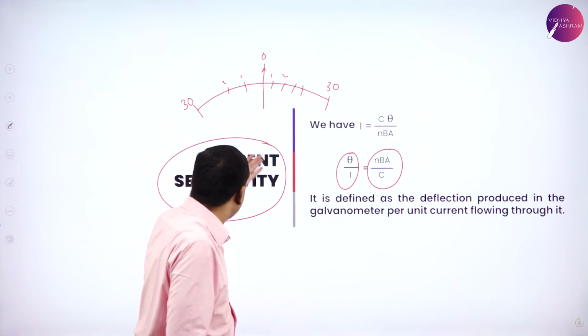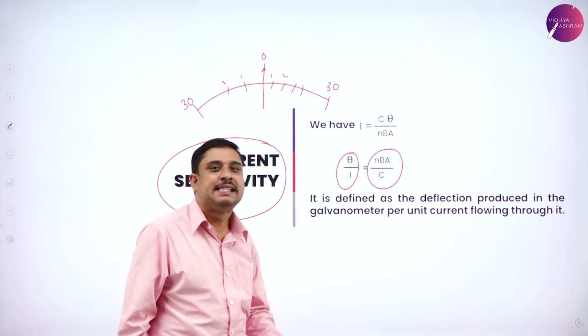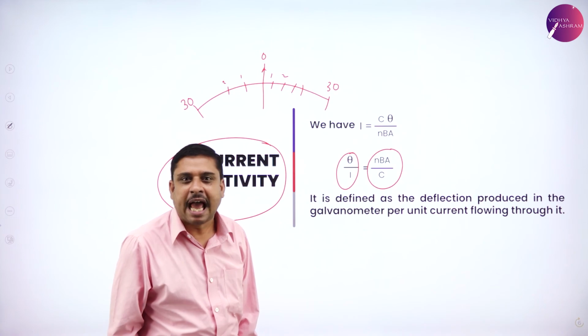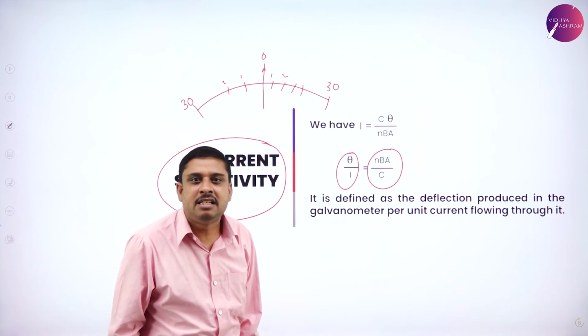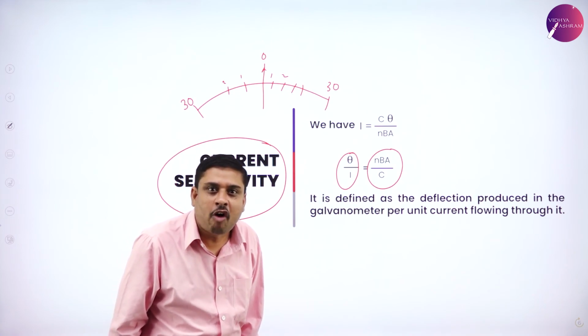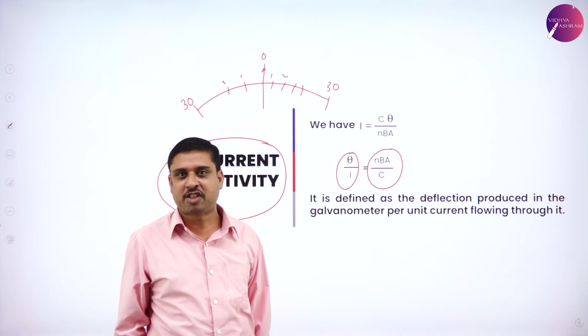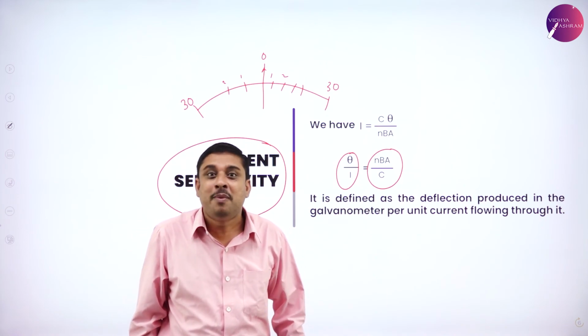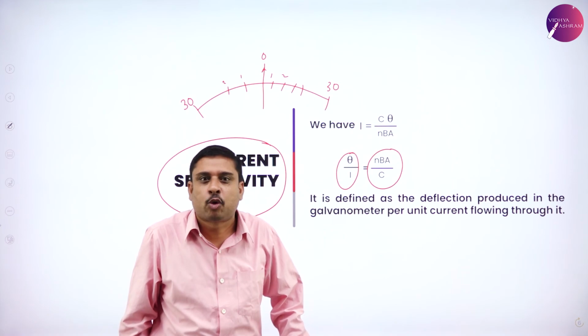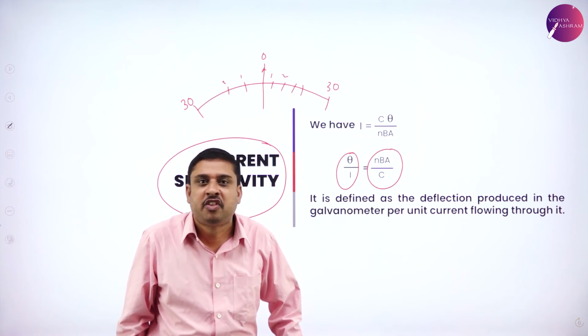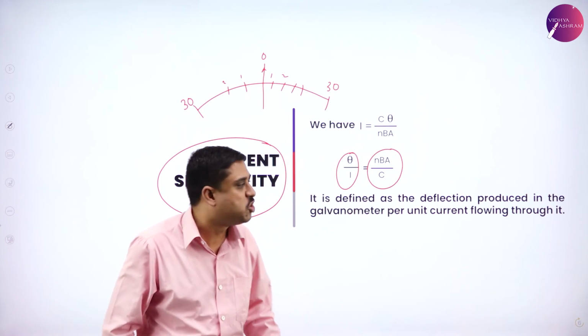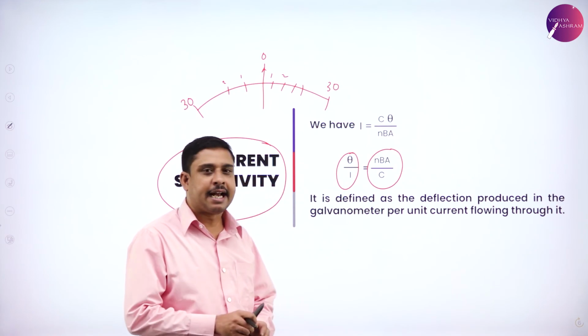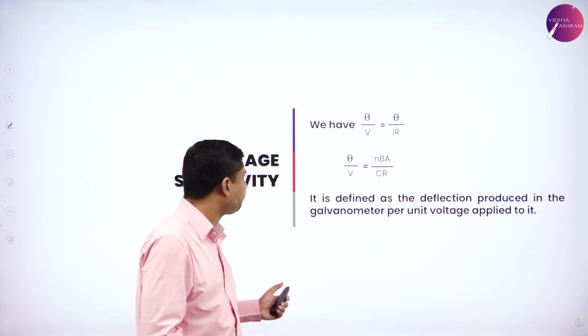That itself is called current sensitivity of the galvanometer. Current required for unit deflection. How much current is required to move the pointer by one division is called current sensitivity.